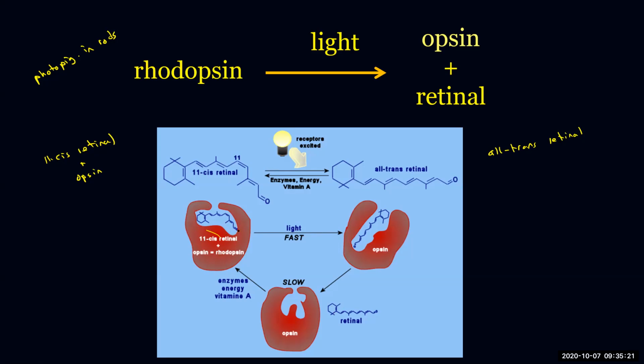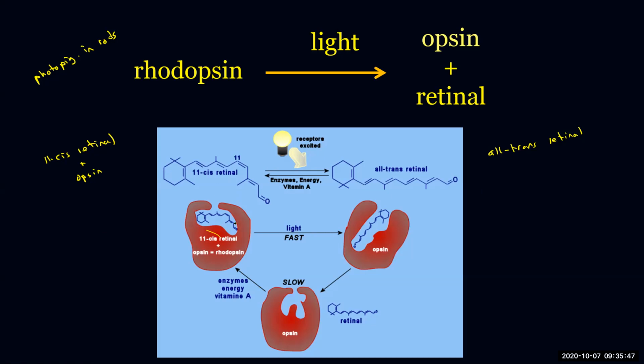But there are occasions where there's so much light, so much splitting, that we get this conversion into the inactive forms, and we can't build it fast enough. Okay, so this is the nuts and bolts of the transduction process.